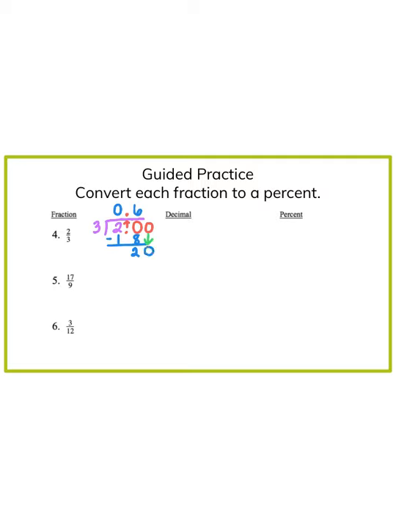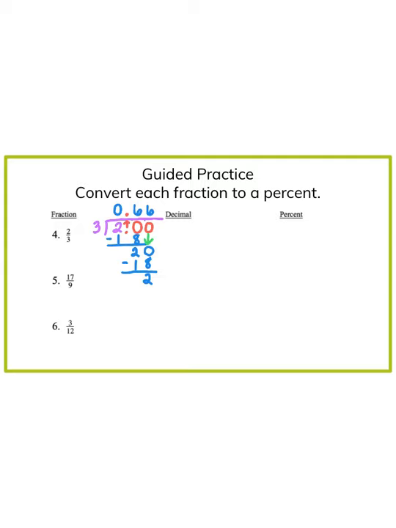Again, 3 can go into 20 6 times. 3 times 6 is 18. If I subtract 18 from 20, I'm left with a remainder of 2.